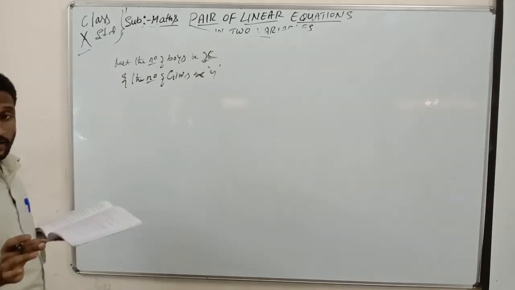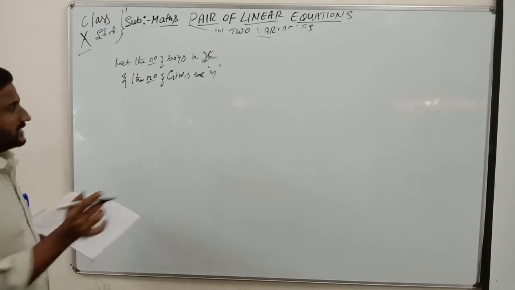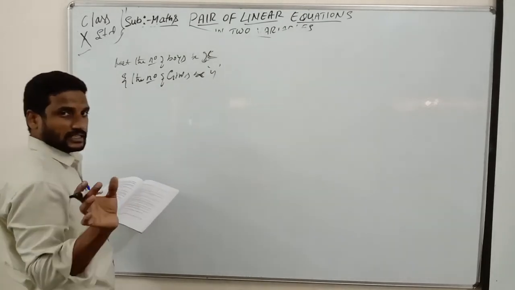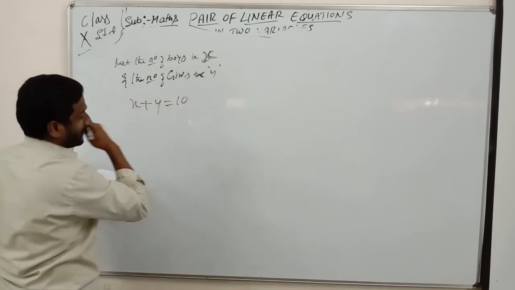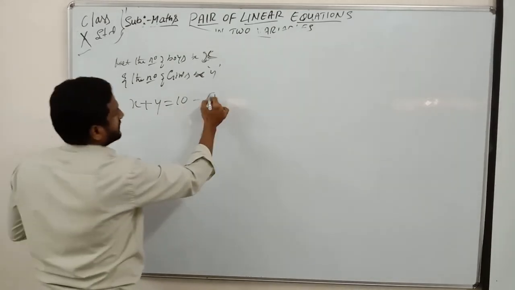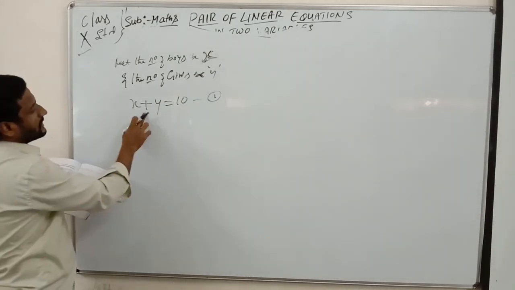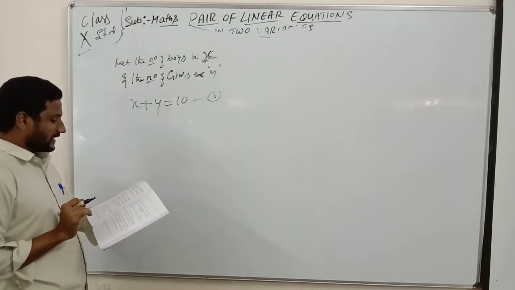In a class there are boys and girls. How many are there? 10 students. It includes boys and girls. So boys plus girls is equal to 10, that is x plus y equals 10. This is equation 1. So boys and girls together, 10 members are there. Equation 1. Equation 2, how can you make it?